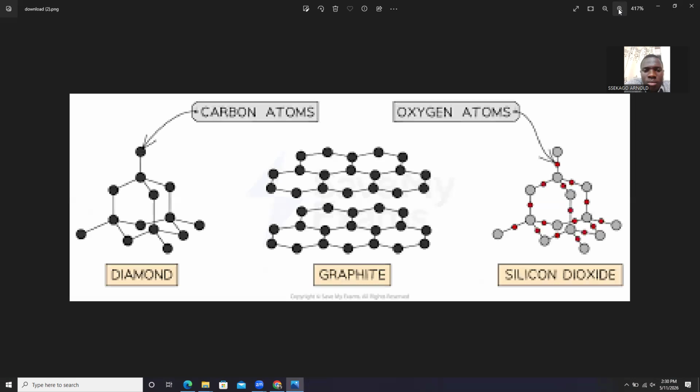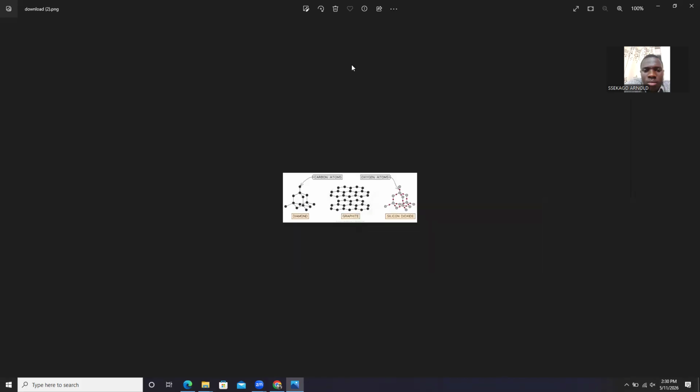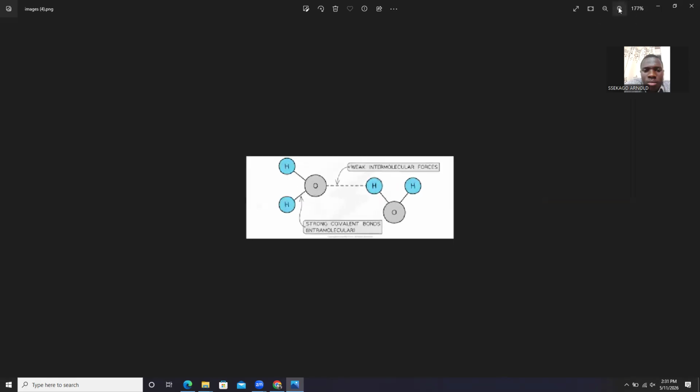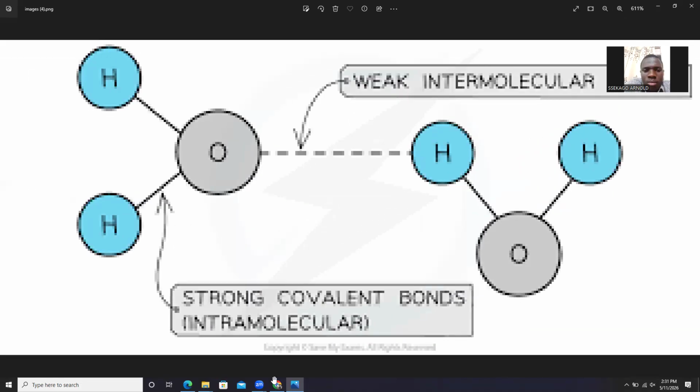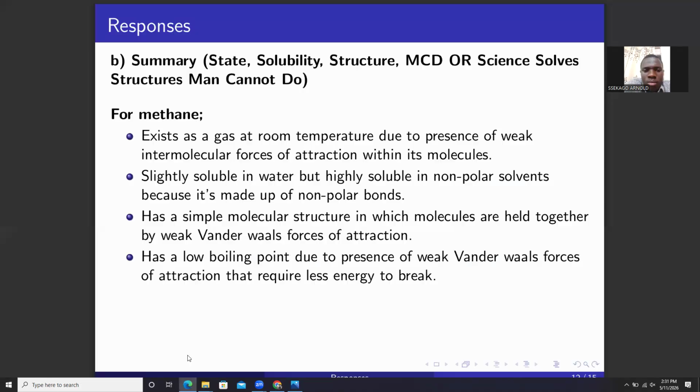If they are not dotted, what does it imply? That they are strong. But those that are dotted, the ones that exist in liquids and in gases, are weak. Therefore, they require less heat energy to break.